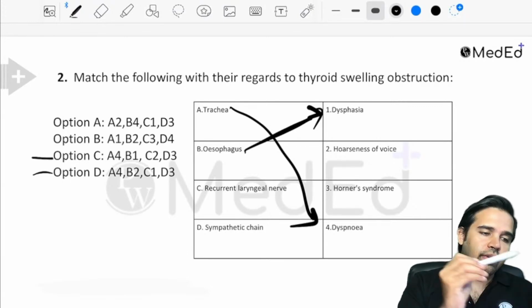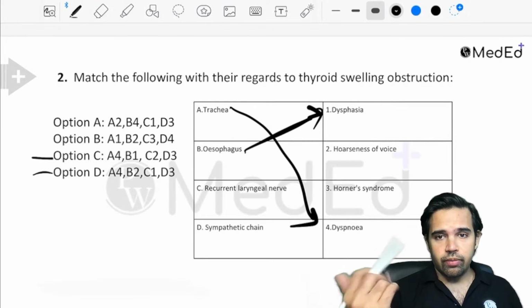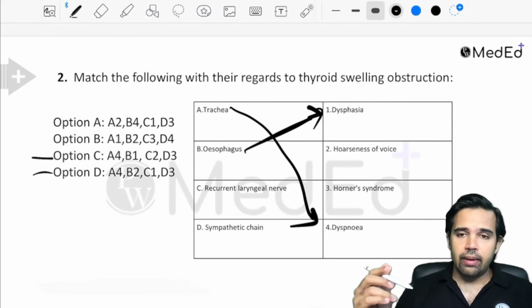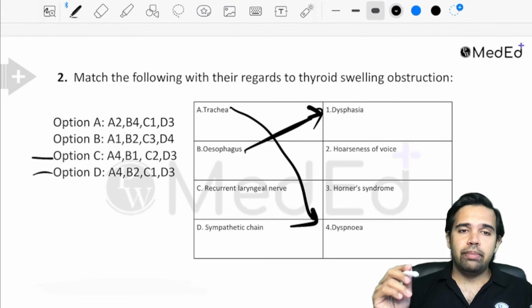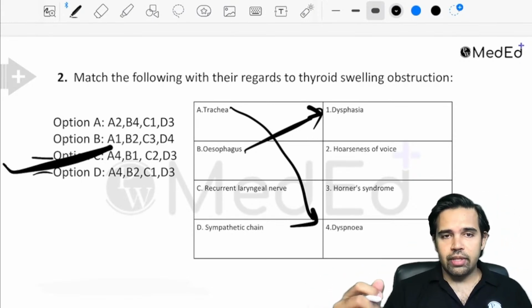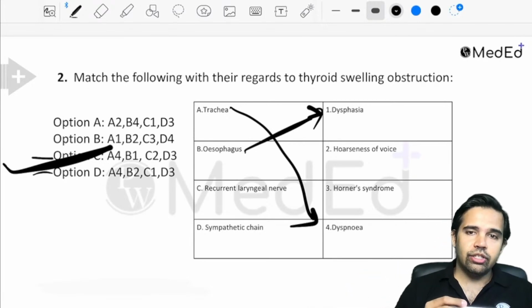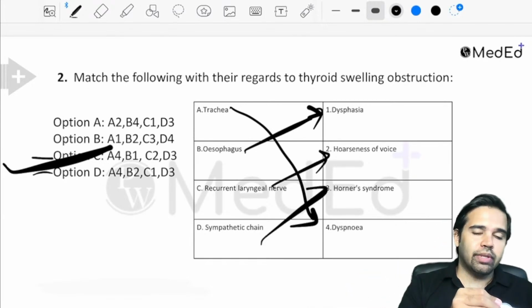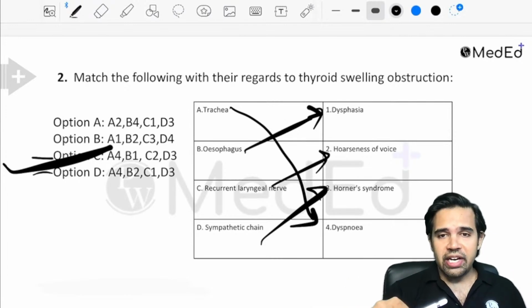Okay, it's supposed to be dysphagia. Dysphagia is difficulty in swallowing. So that is going to be B1. So automatically C becomes the right option. You don't have to waste your time on the other 2. However, recurrent laryngeal nerve is going to cause hoarseness of voice, and sympathetic chain is going to cause Horner syndrome.